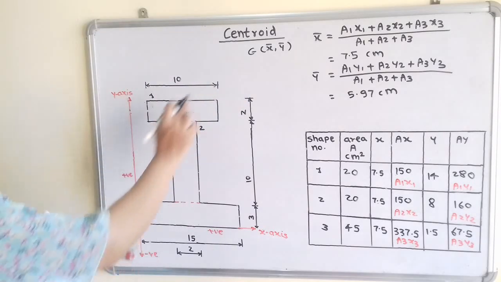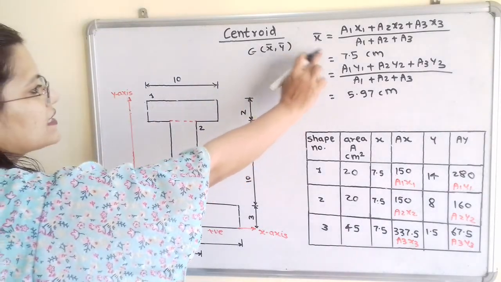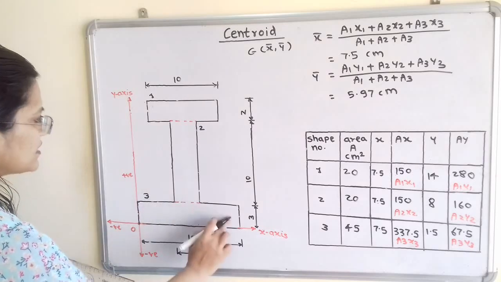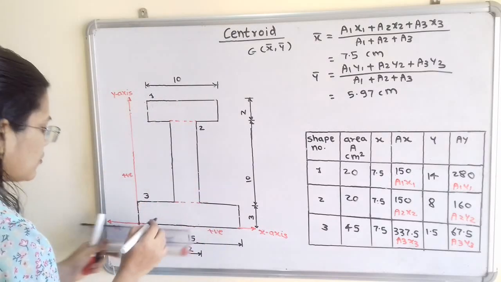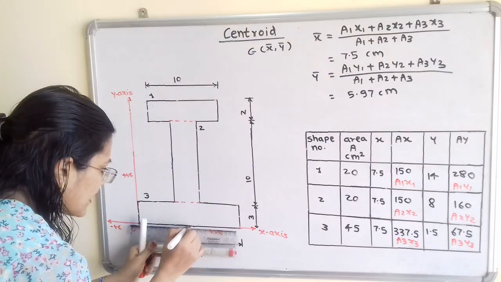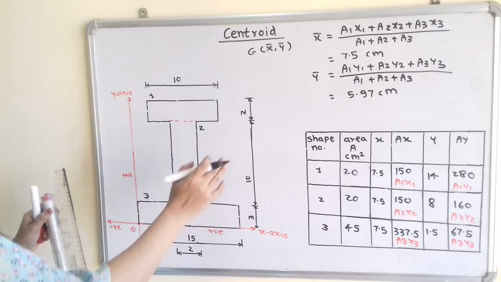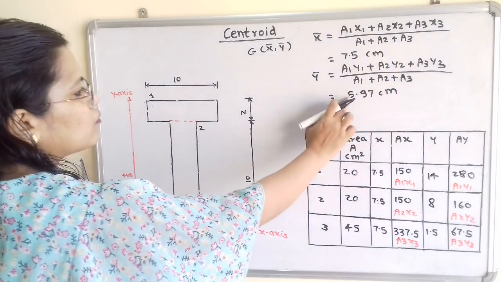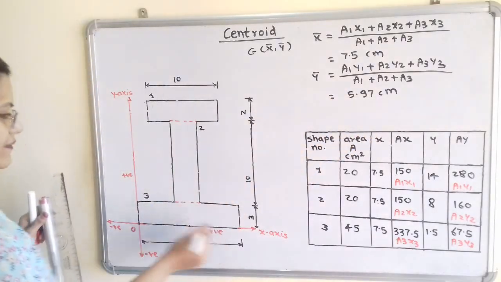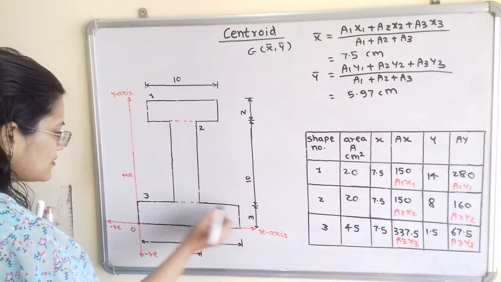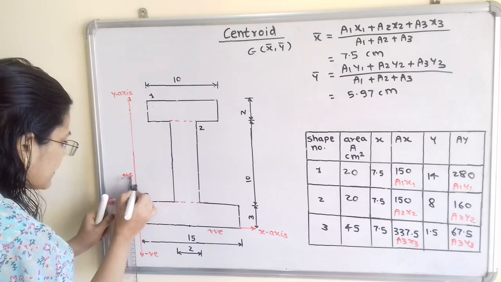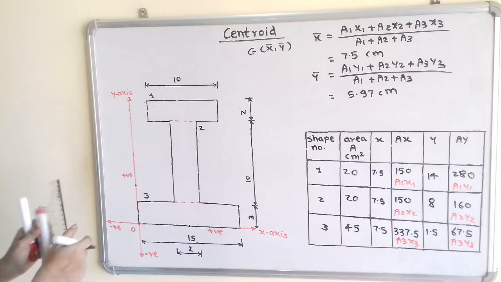Now we will locate the centroid G. So here if we observe, this x bar is 7.5, that is the center point. So we have to select here one center point on horizontal line, and y bar on vertical line, we have to select 5.97. So this vertical distance is 3. So above that we will select here approximately 5.97.